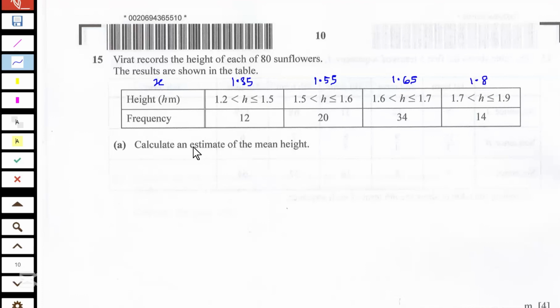Now, after finding the midpoints, we have to find the mean, which is the sum of fx over the sum of the frequency, the total frequency.